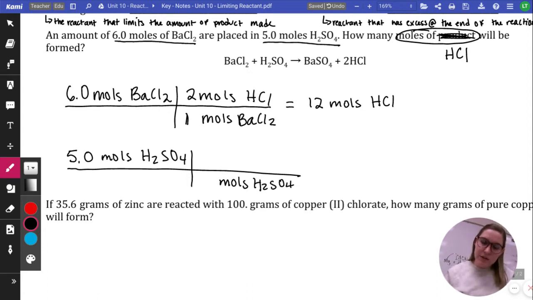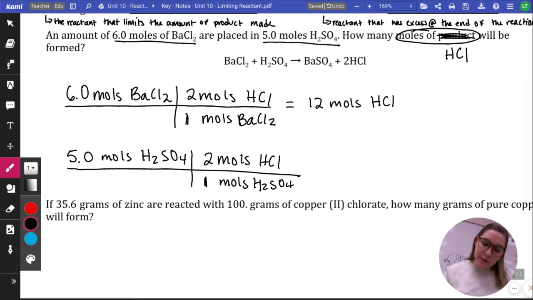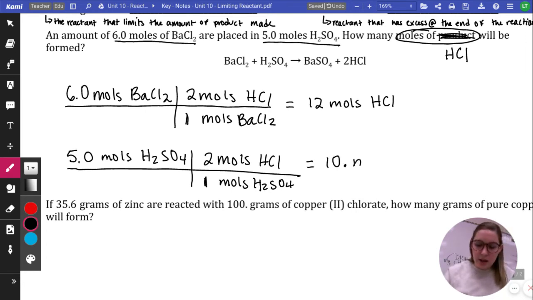Based on the coefficients of my equation, for every 1 mole of H2SO4, it produces 2 moles of HCl. Moles of HCl is what I wanted, so I'm going to multiply across the top, divide by the bottom, and I end up getting that I can make 10 moles of HCl based on the amount of H2SO4 that I had.